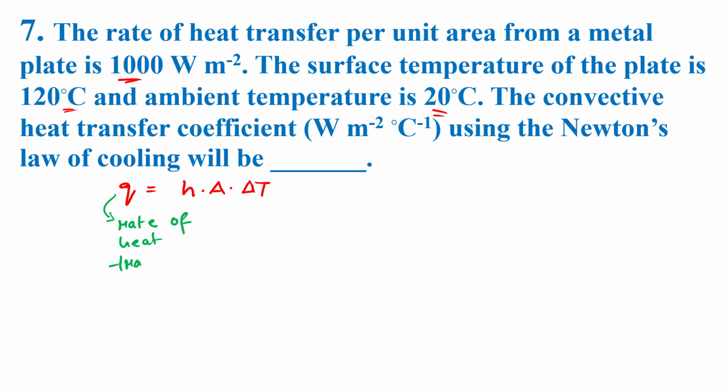H is my convective heat transfer coefficient. A is my area, and delta T is the temperature difference.